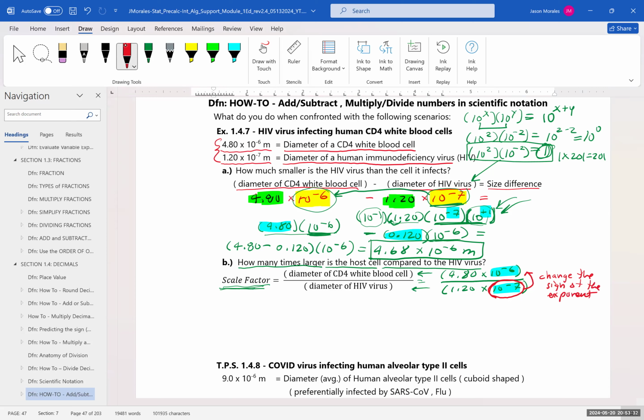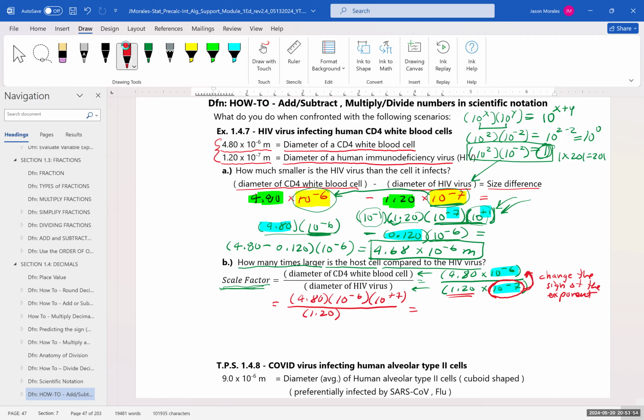So this is going to be 4.80 times 10 to the negative 6. And if we move this 10 to the minus 7 up into the numerator, it's going to become 10 to the positive 7. And we still have this 1.2 down here in the denominator.